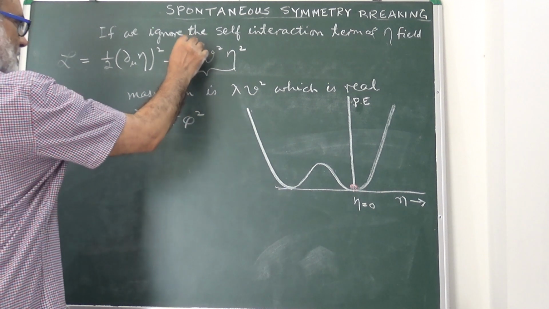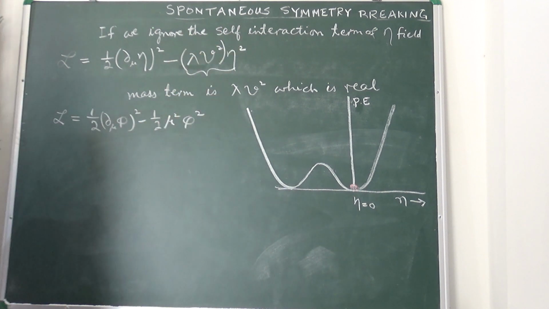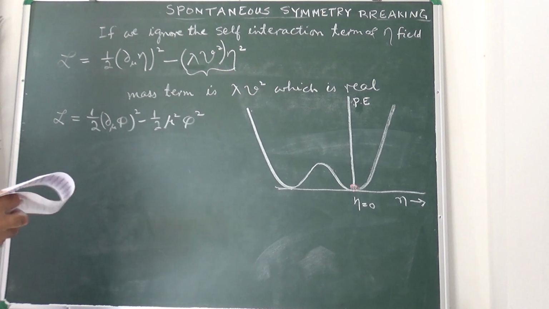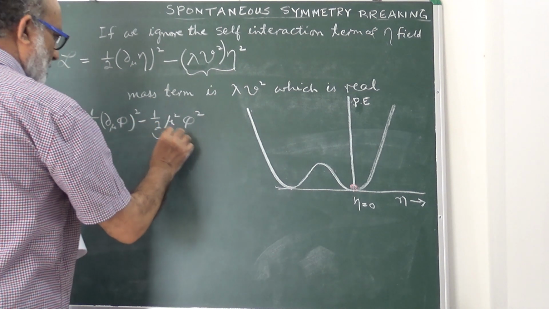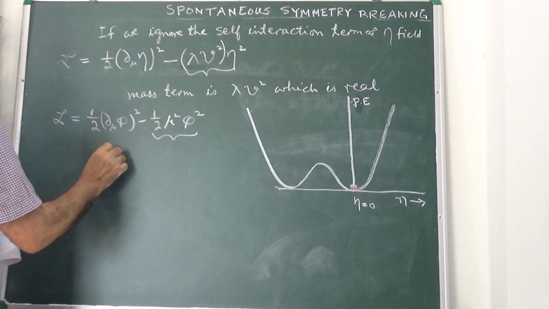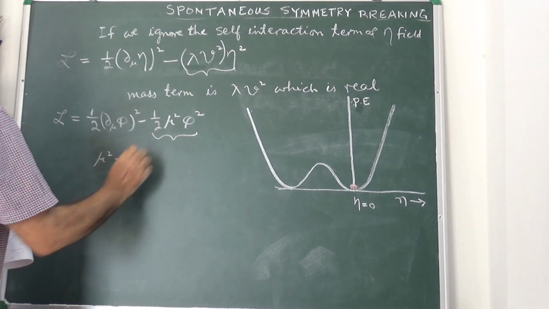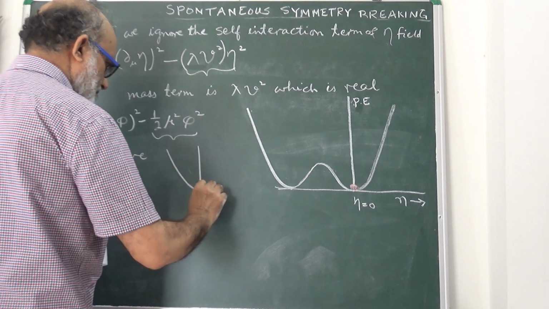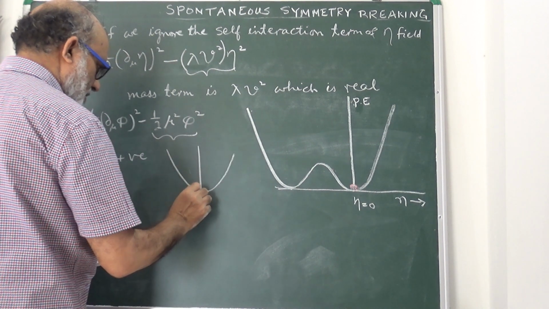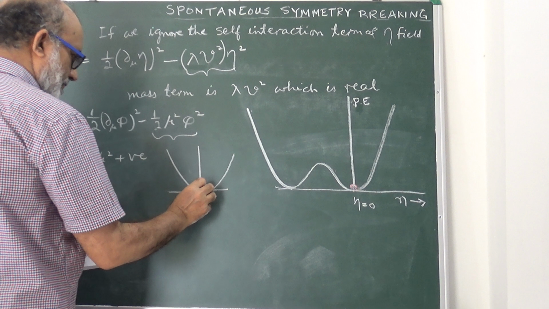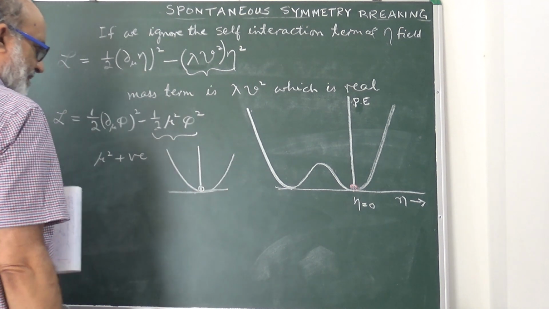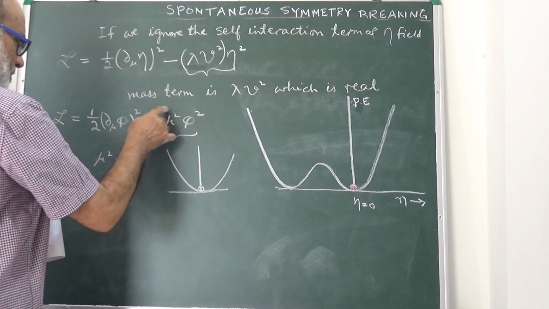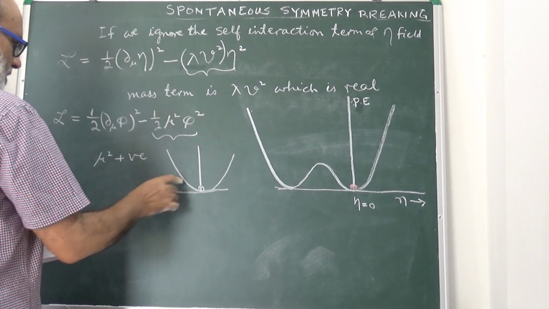That is the mass. So if you assume mu square as positive, the potential energy will vary like a particle in a bowl here. For mu as positive, it was just like this.